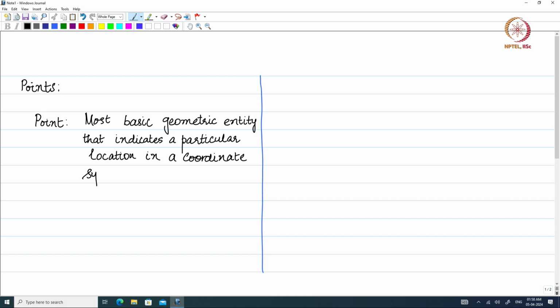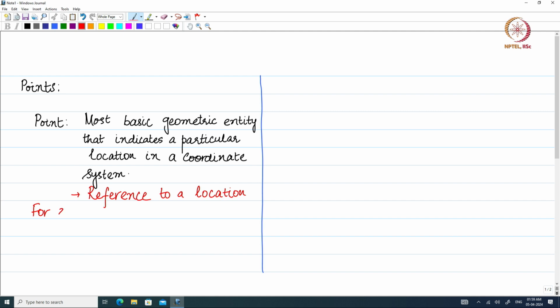Now, so what does it mean? A formal definition of a point is basically a reference to a location. It is a reference to a location, right. For example, let us look at this.